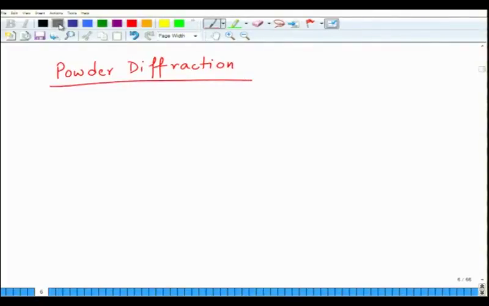And we use powder diffraction because, as against single crystal where there is only one set of planes at a given angle with respect to the incident beam, in powder diffraction the powder is nothing but multiple single crystals in random orientation. So, millions and zillions of tiny single crystals which are in random orientation.